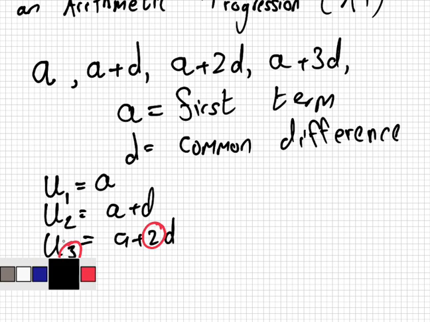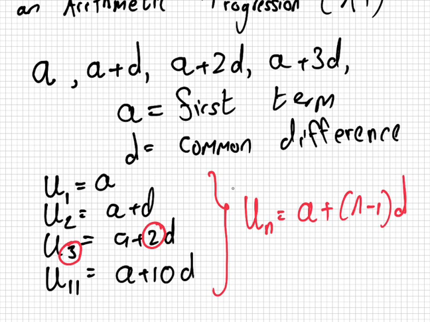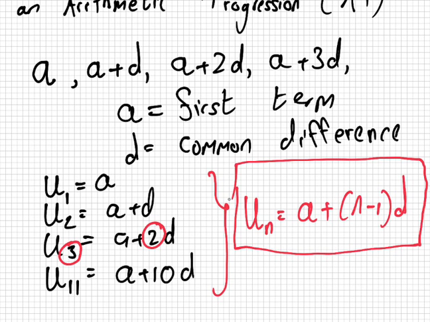So for example, we can jump all the way to the 11th term, which would be a plus 10d. So this gives us our first formula: un is a plus (n minus 1)d. So this is the formula to find any term in the arithmetic progression.